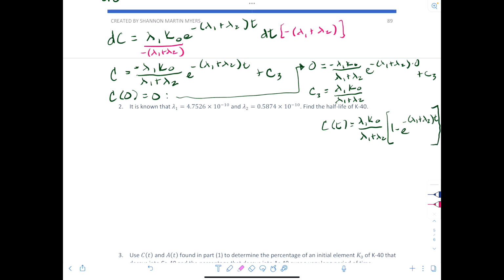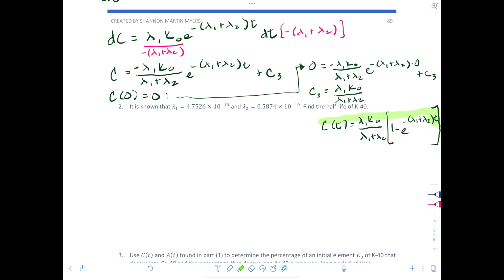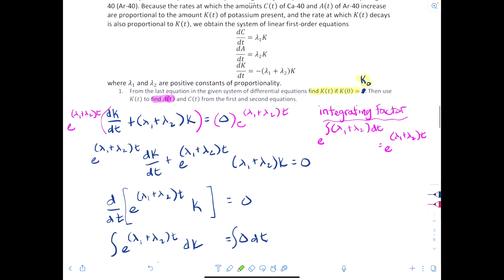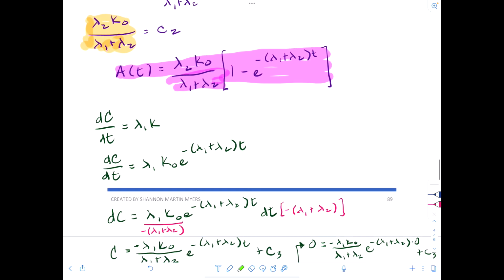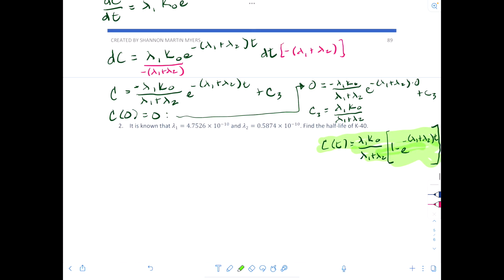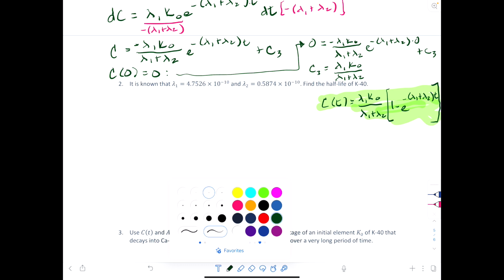And that was the last thing that we needed to find for that first part. Cool, cool? All right, so way up here, we found our C at t. All right, so A at t and C at t are pretty similar, but they're not the same.